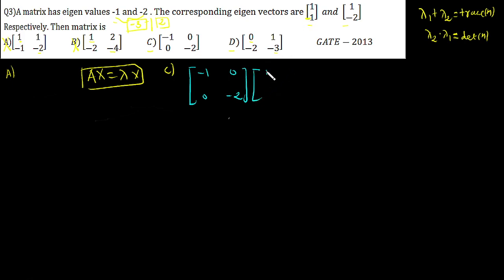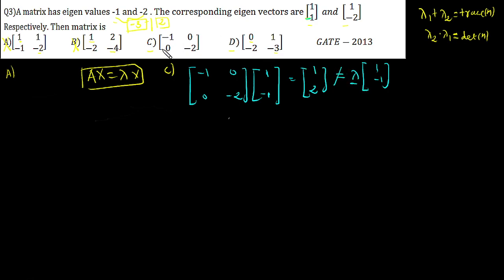Let's select this one, (1, -1). Remember here we have -1. Now let's do the multiplication. Here we are getting +1 and 2. You can easily see that we are not going to get any scalar lambda to represent this vector as lambda times the initial one.